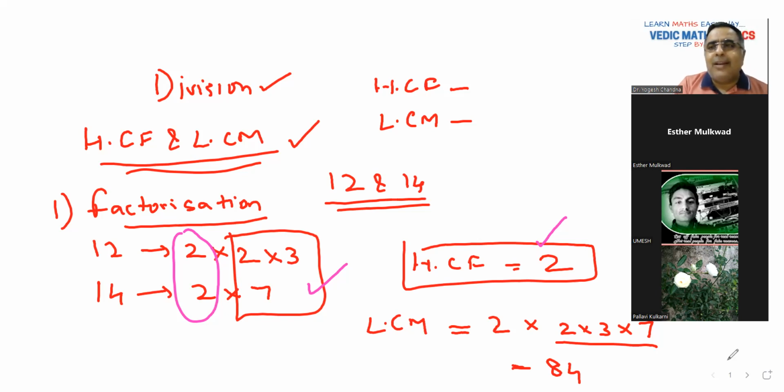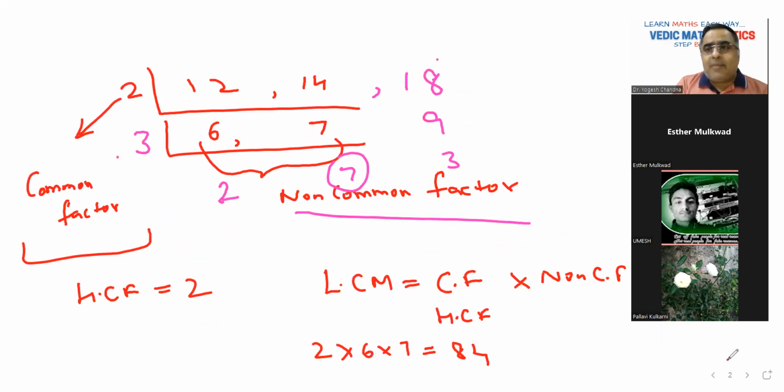Now we go to the division method, which we have already done. So 2 into 12 and 14 gives 6 and 7, correct? Now 2 is known as the common factor. 6 and 7 are called uncommon or non-common factors. So what is the HCF?